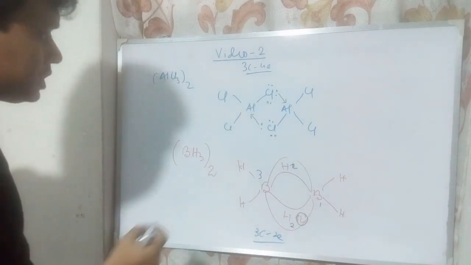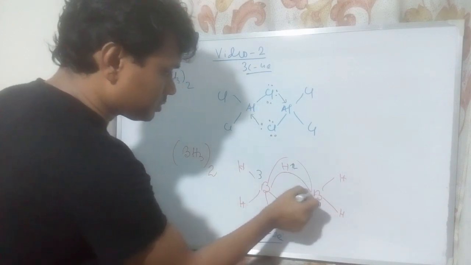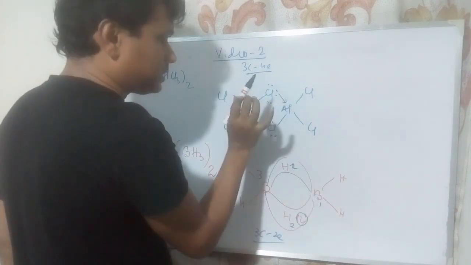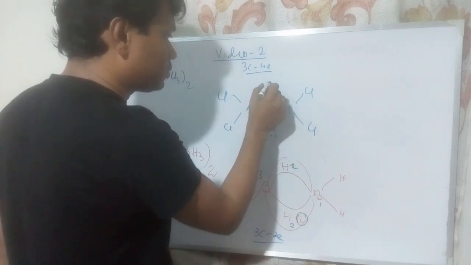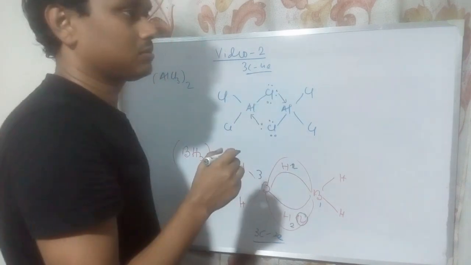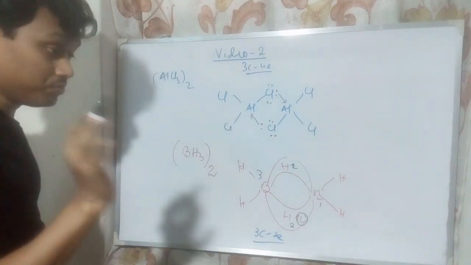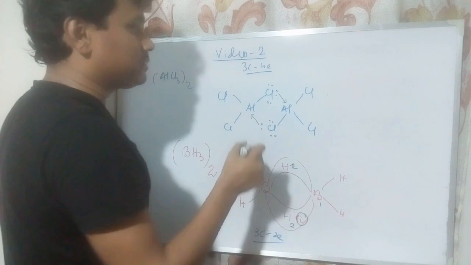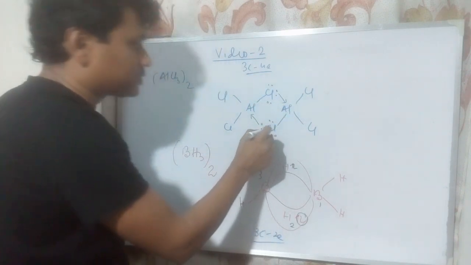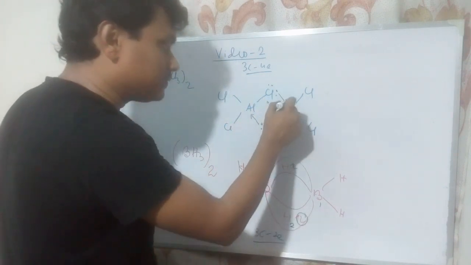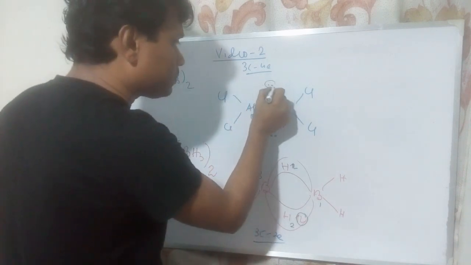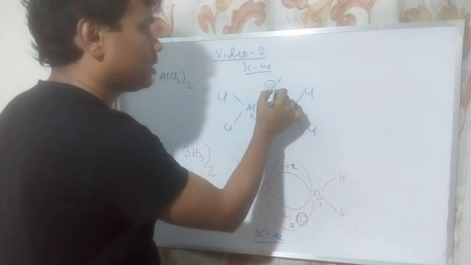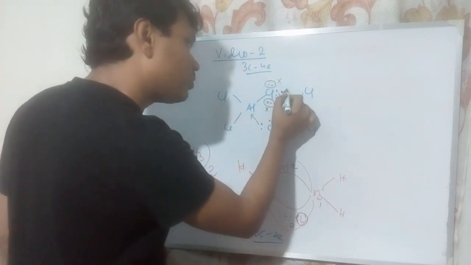But there may be a confusion. Here we have 2 electrons, 3 centers, but here we could say 1 to 3 centers, okay, fine, 2, 4, 6, 8 electrons, but that's not true, because this 3 center 4 electron statement is given based on the bond involved here, the electrons involved in the bonding. This lone pair and this lone pair are not involved in the bonding. Only this is involved in the bonding.